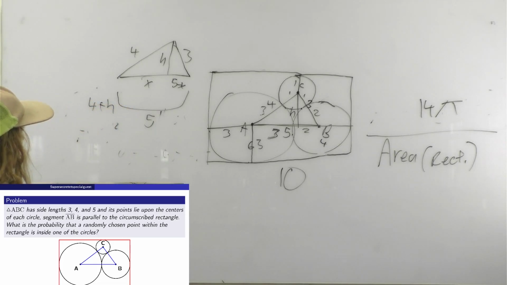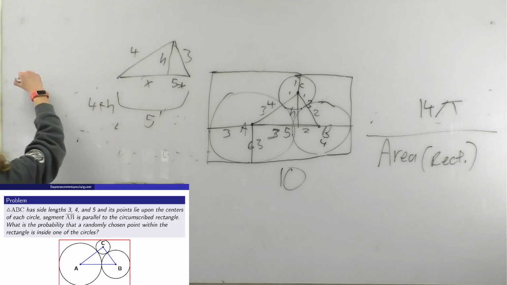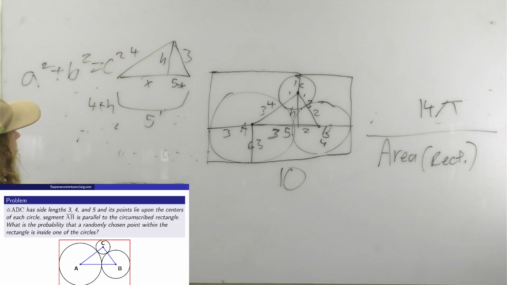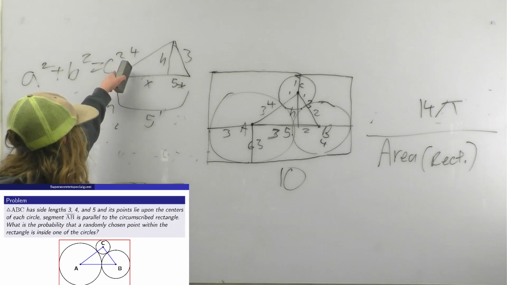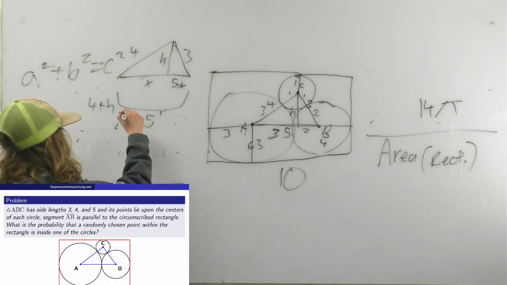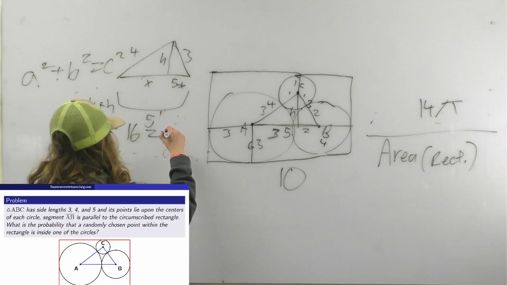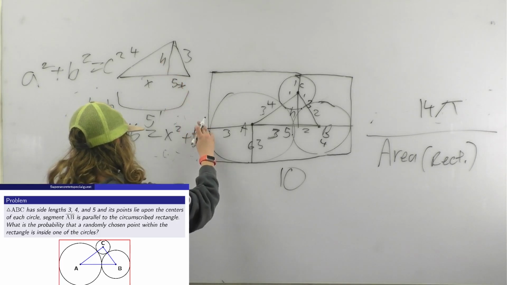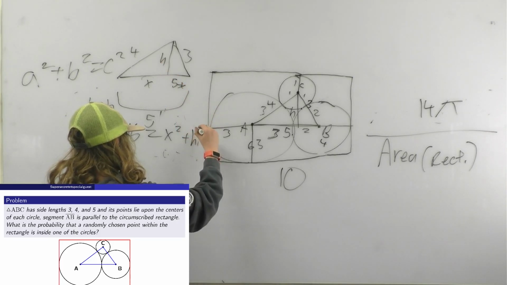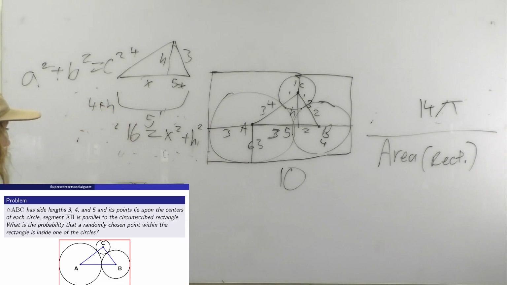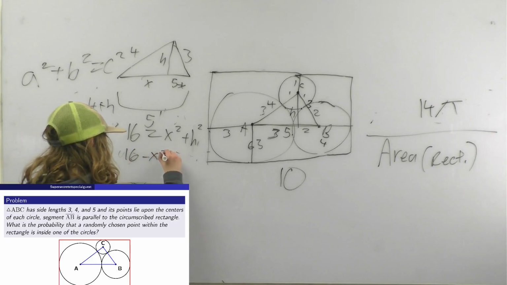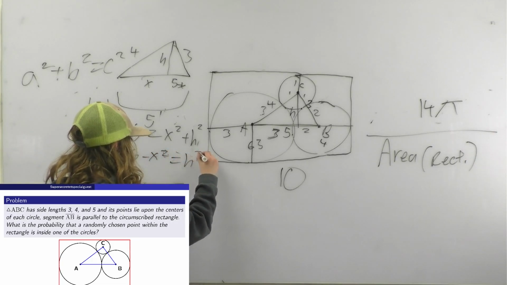Using the Pythagorean theorem, a squared plus b squared equals c squared, since this is the hypotenuse, that's c, so 16 equals x squared plus h squared. I'll just isolate h here. That's going to be 16 minus x squared equals h squared.